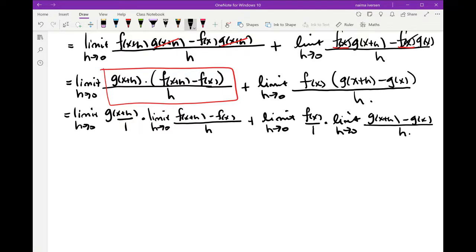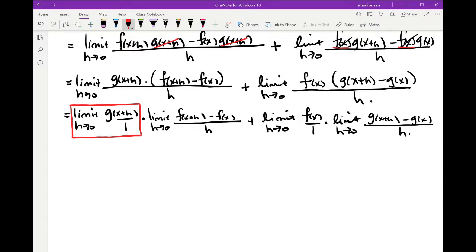And now we're going to find the limit of these things. So it's pretty easy to find the limit of this guy. So if we think about what that limit is, I'm going to let h go to 0, and I'm going to get g of x plus 0, which is just g of x. And then I've got a times value here. This one is the secret, because this one, hopefully, you recognize.